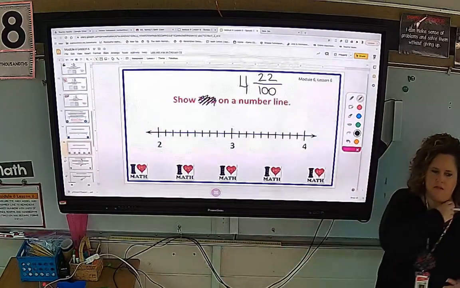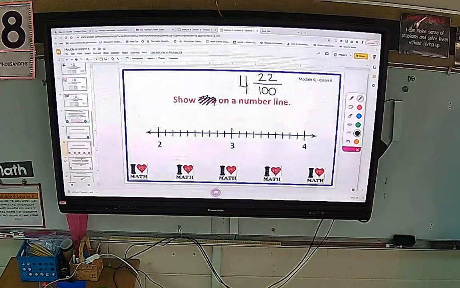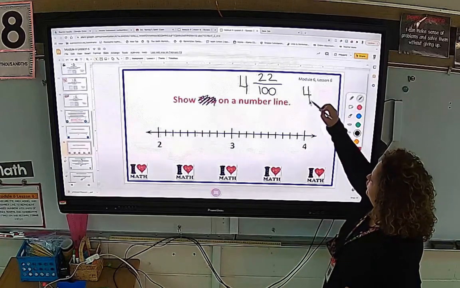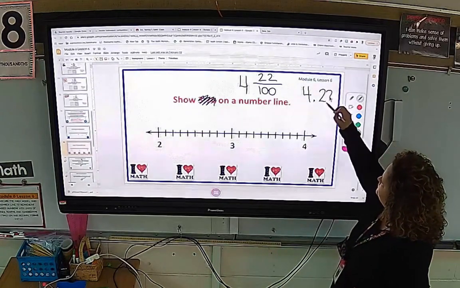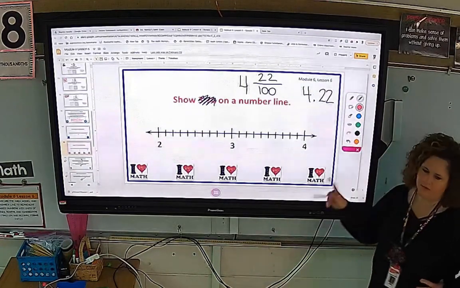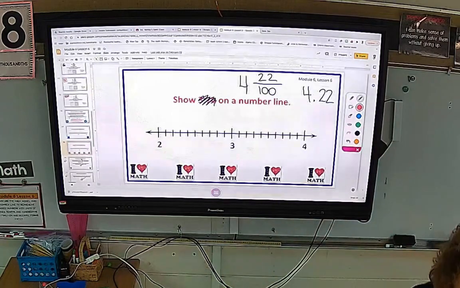All right, what is that going to look like as a decimal? Ishmael, what would that look like? 4.22. Okay. I want you to put that on your number line. Where would that go?